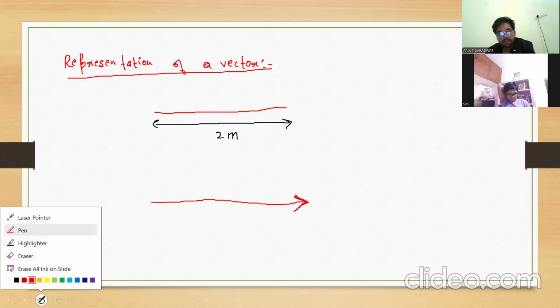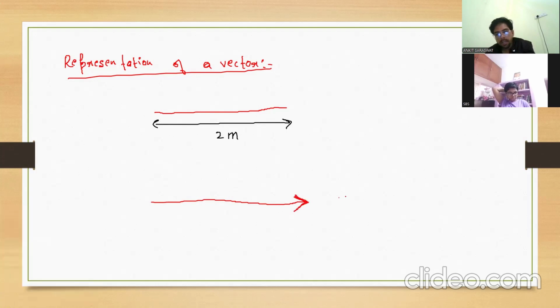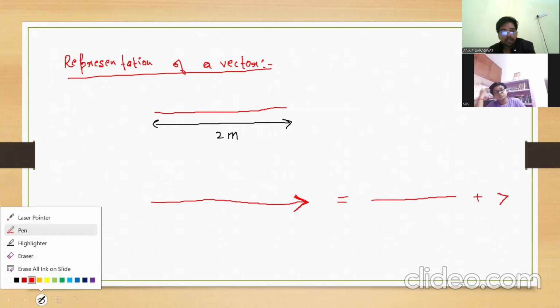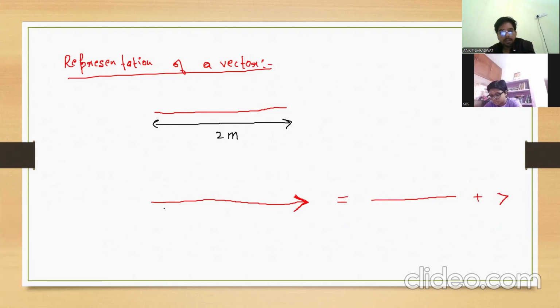So if you look carefully, it is made up of what? One scalar part and one arrowhead. So the vector consists of what?